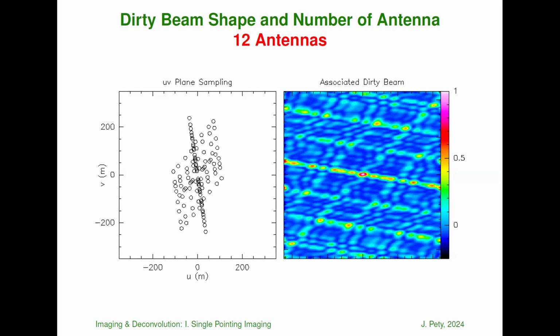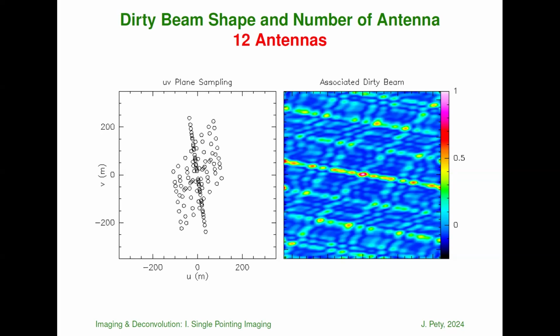Why? It's because this is a single integration time. This is a snapshot. In fact, that's not what's happening. You have the Earth that is rotating. So during 8 hours, what counts, as Frederic said, is the projection of the position of the antennas on the sky.